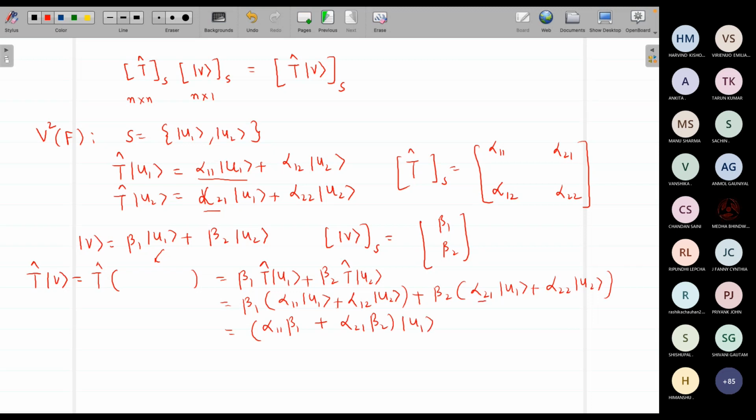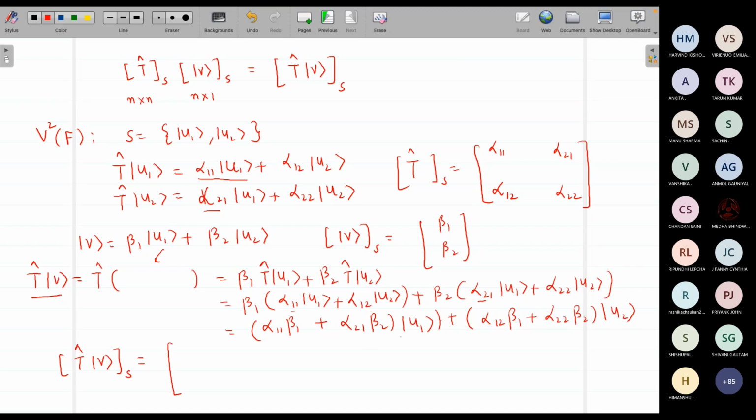This is the first term from here, this is the first term from there, plus the next one, alpha 1 2 beta 1 plus alpha 2 2 beta 2 times u2. So which means that I can write down this vector, T of v with respect to the fixed basis. What is this one?